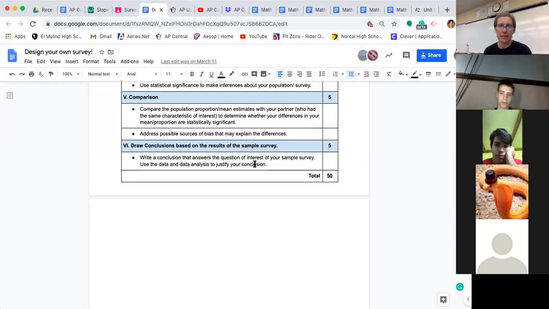Talk about the biases again, talk about the results of your survey compared to your partner's survey results, and just bring it all together. It'd be great to see 2 or 3 sentences at least here, writing a conclusion. Okay. So questions on any of the parts, anything that anybody needs help with?